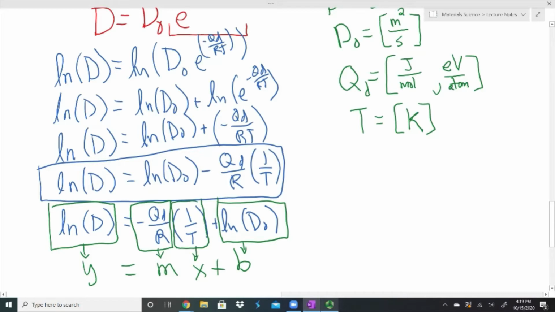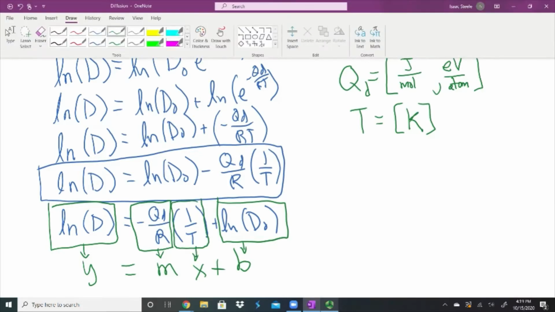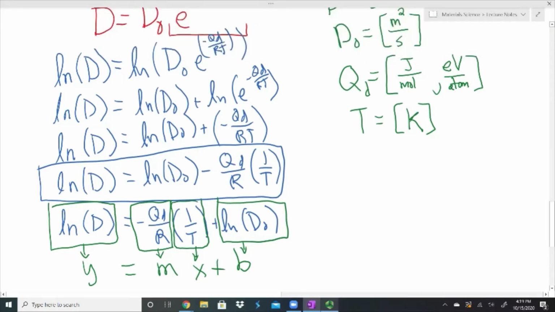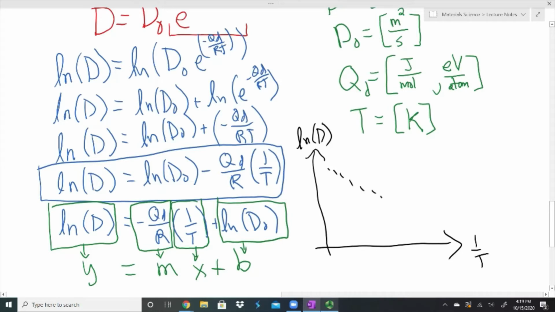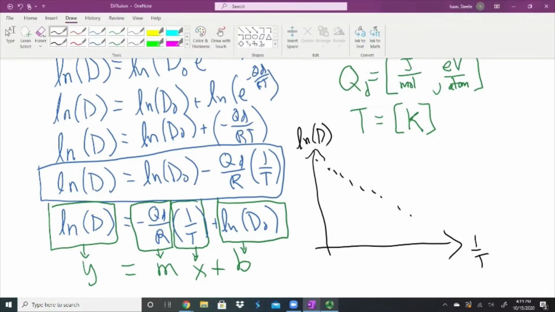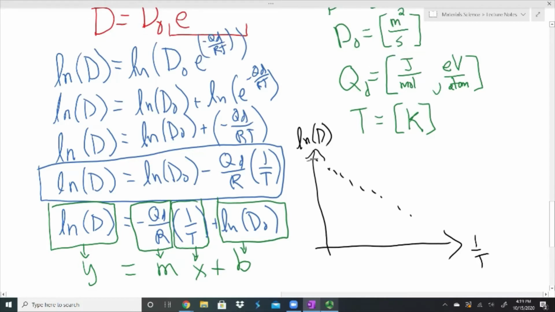Well, what I can do then is plot my data with this new equation. On my y-axis I'll have ln D, and my x-axis is going to be 1 over T. And as I plot things, it's going to have a y-intercept, and that y-intercept is right here.